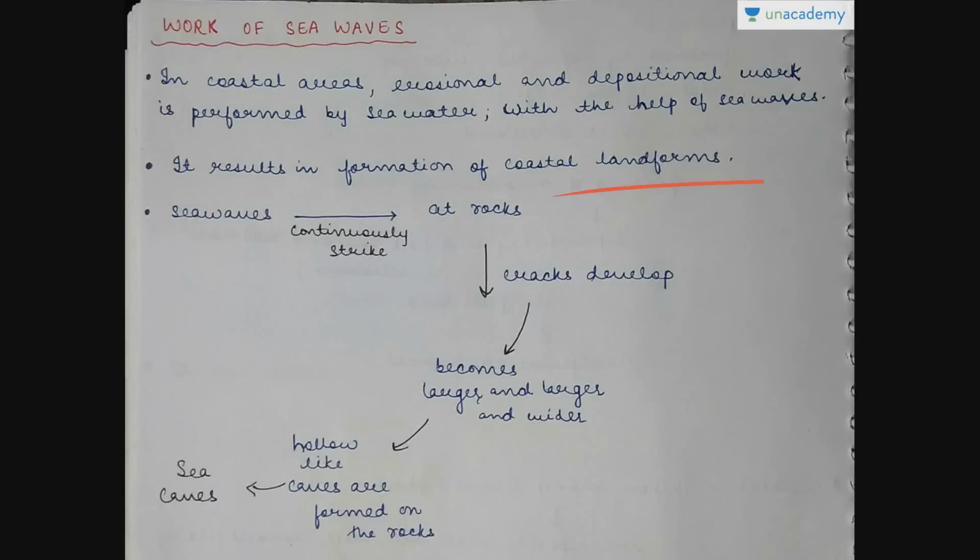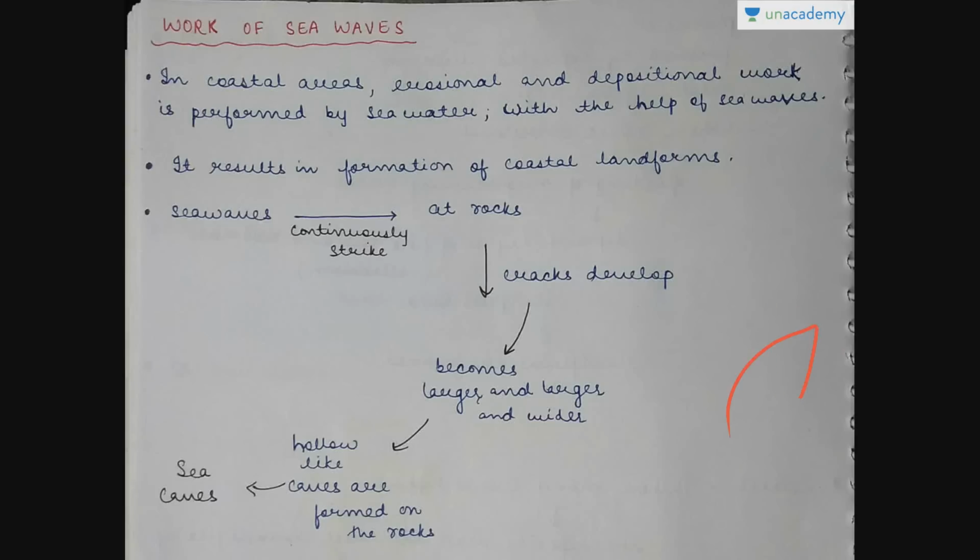Now what happens? When sea waves continuously strike the rocks, cracks develop in those rocks, and when these cracks become larger and wider, hollow structures or caves are created on that rock. Suppose this is a rock and sea waves are hitting it.